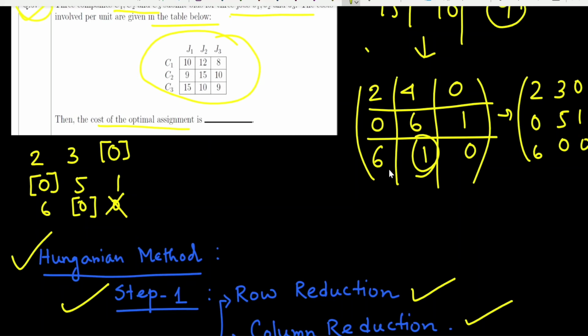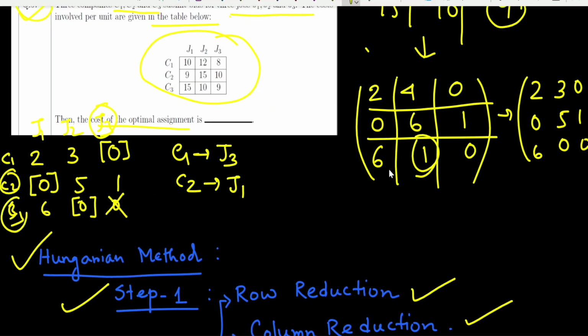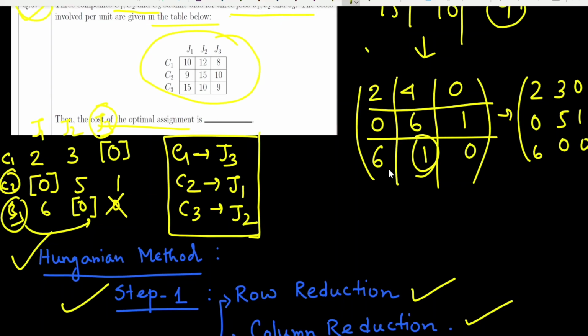So this is our J1, J2 and J3, and C1, C2 and C3. So C1 goes to J3, C2 goes to J1, and C3 goes to J2. So this is our assignment, and the optimality condition is also satisfied.